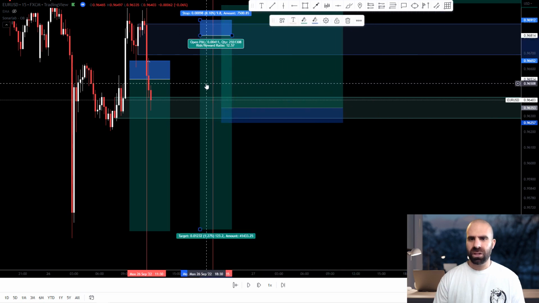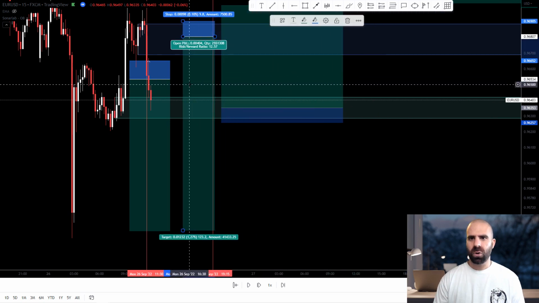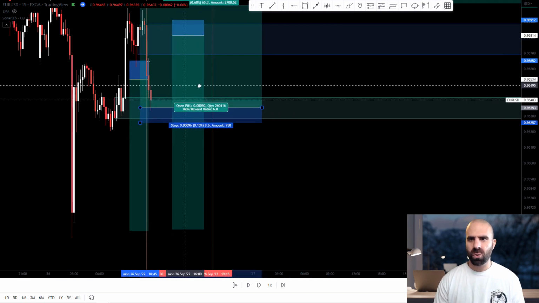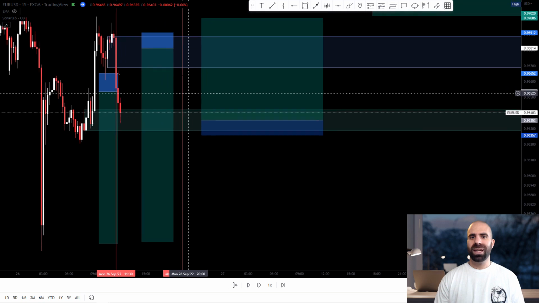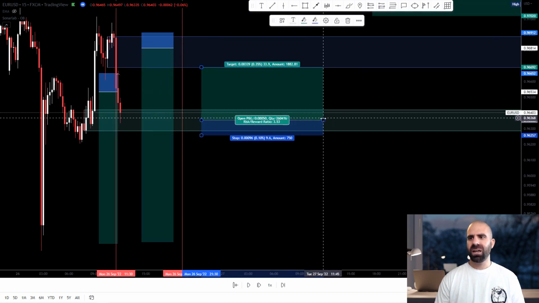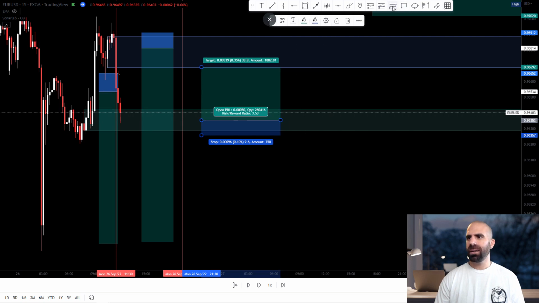Okay, this one, I'm going to be moving a bit closer to this one. For this one, pay close attention, we are activated, but we created yet another order block here, so I'm going to be targeting the beginning, 3.53 to 1.